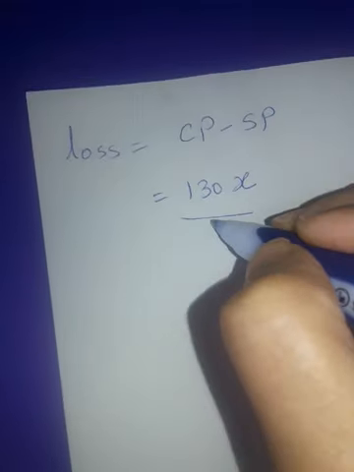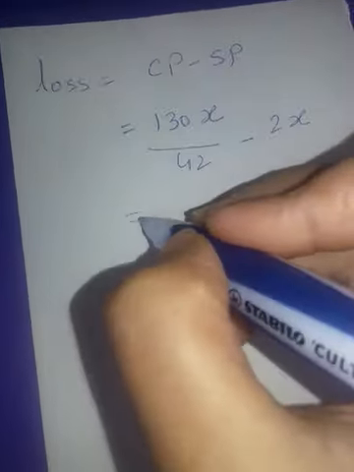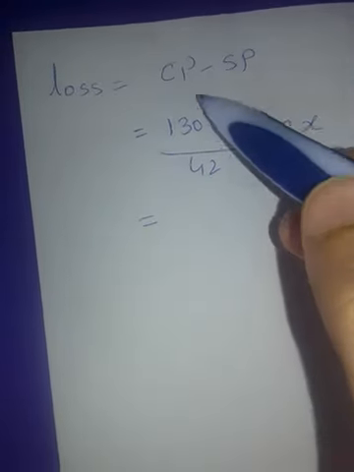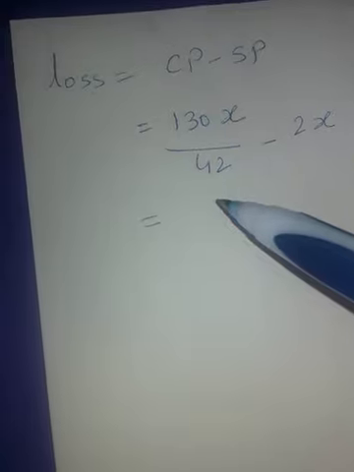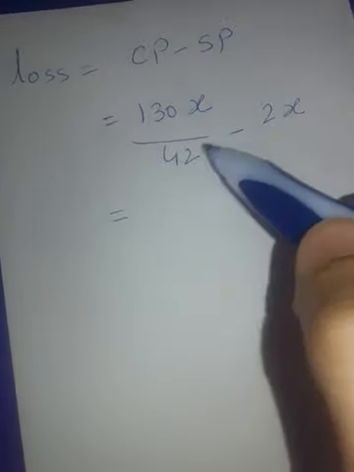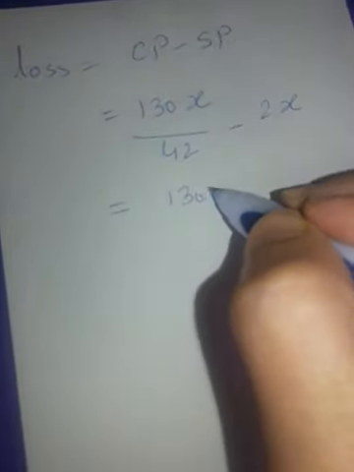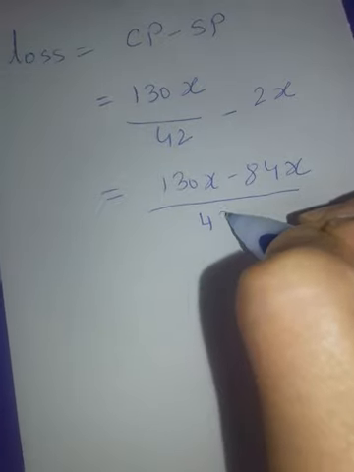130x upon 42 minus 2x. We could have reduced it, but I didn't reduce it. I thought there may be a few cancellations later, or otherwise we could have reduced it by 2. Let's see. 42. So this is 130x minus 84x upon 42.